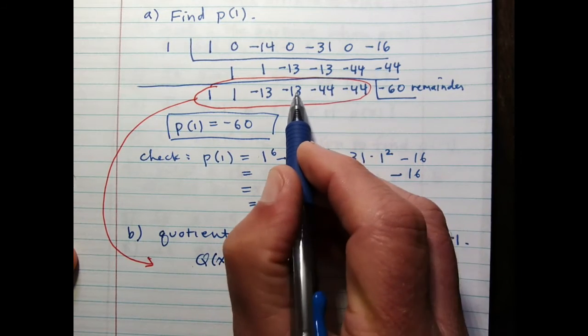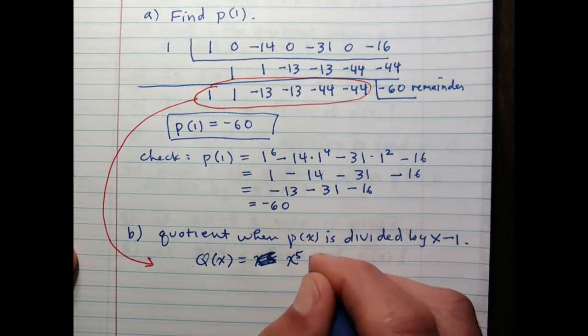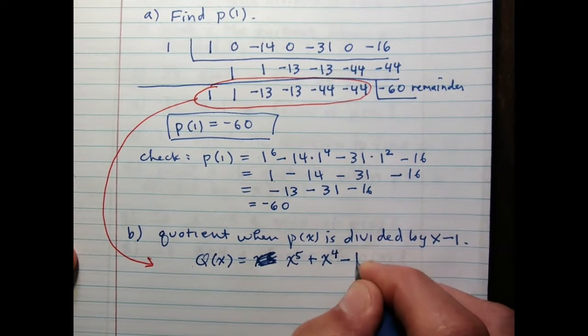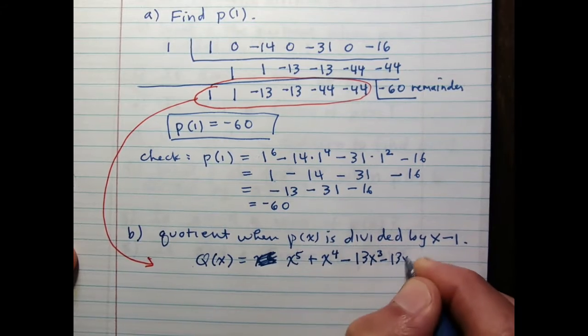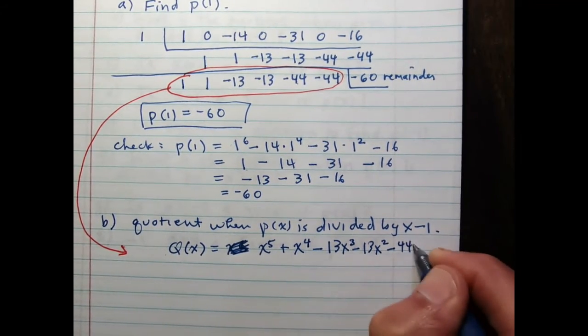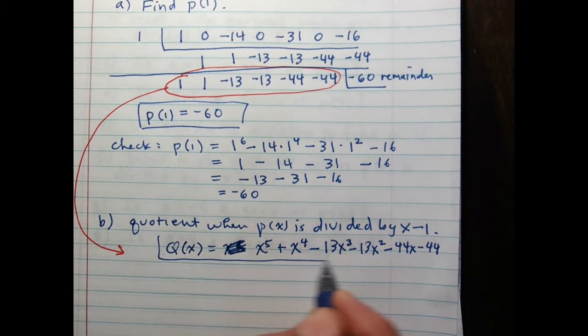Constant, first, second, third, fourth, fifth. Yes, x to the fifth plus x to the fourth minus 13x to the third minus 13x to the second minus 44x minus 44. Sorry, it's getting a little sloppy.